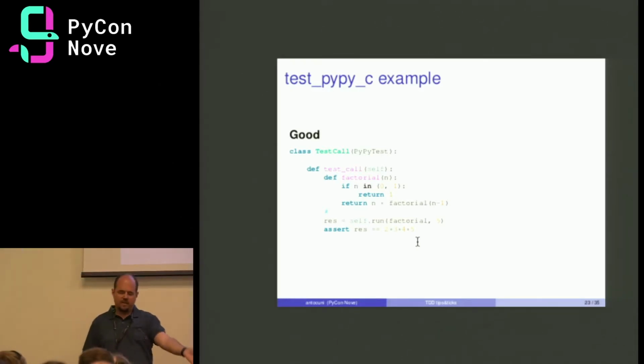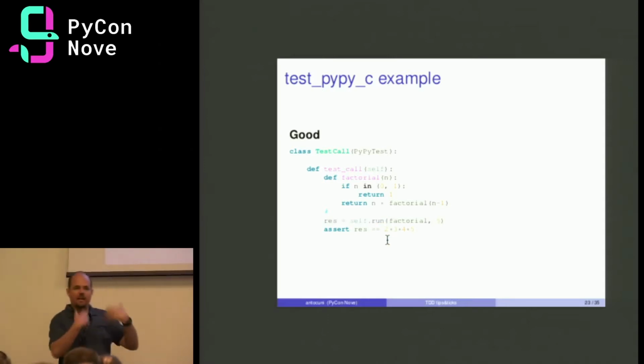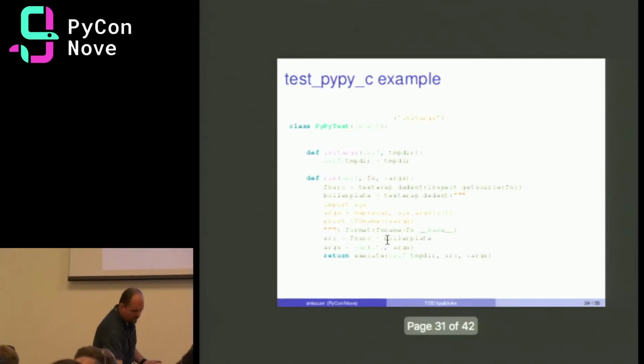So in PyPy we have something similar to this, in which we have a base class for our tests, called PyPy test, which has this magic method run, and the run takes a real Python function. I no longer have a triple quoted string. It's really a Python function which is implemented normally, and takes parameters as Python types. Like it's a 5, it's not a string 5 here, and it does the magic. And the magic in this particular case is implemented in this way.